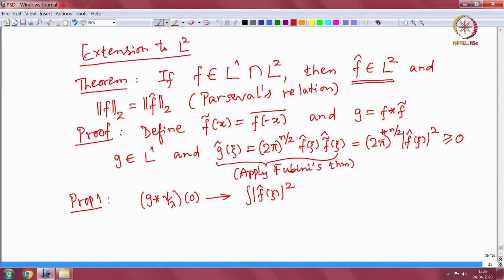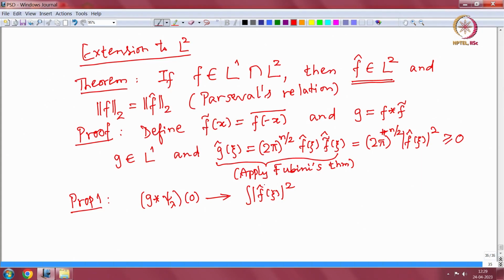So you start with this definition, f tilde of x is f of minus x conjugate. If f is real valued, we can remove the conjugate, and g is the convolution of f and f tilde. A simple computation shows that g is of course in L1 and g cap is this non-negative function, (2 pi) to the n by 2 times mod f cap j squared.